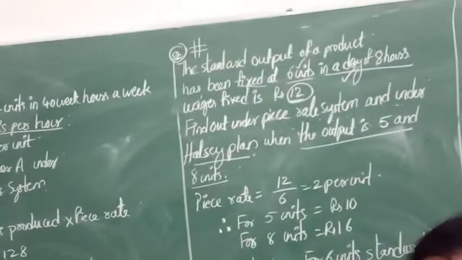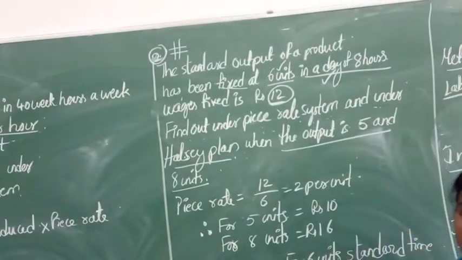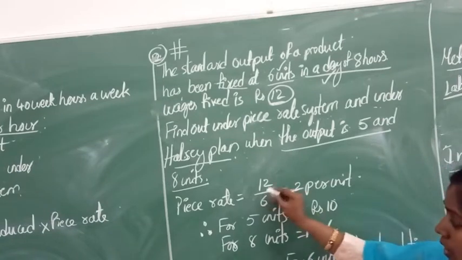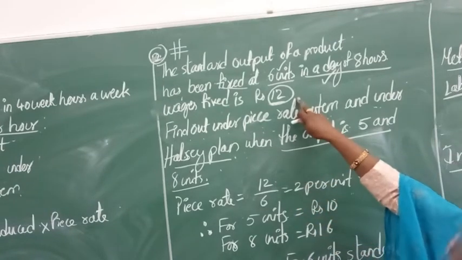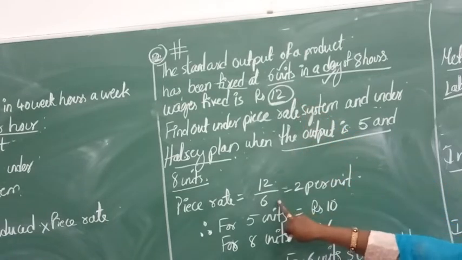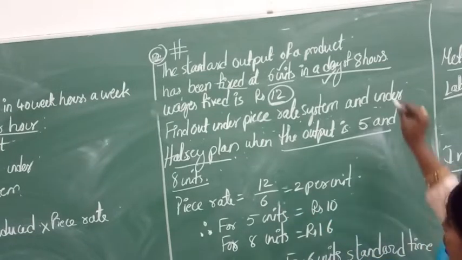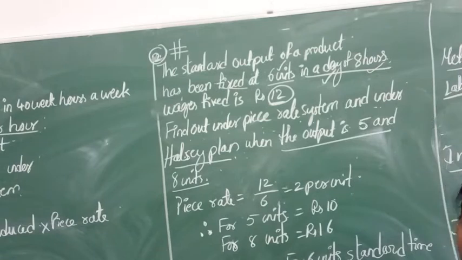How are we calculating? We don't know the rate per unit. 12 rupees is given. How many pieces is he producing in one day? 6 pieces in one day. One day is how many hours? 8 hours. I request everyone to follow.